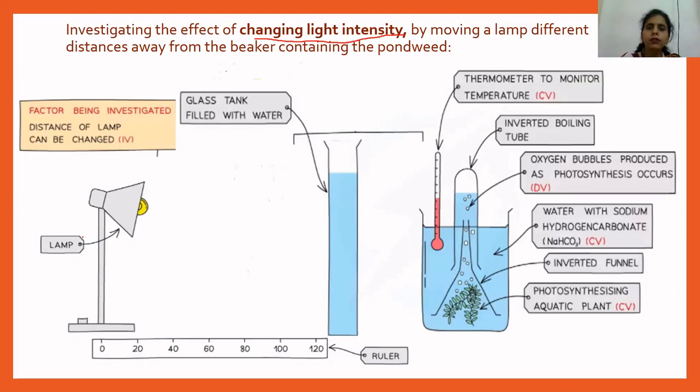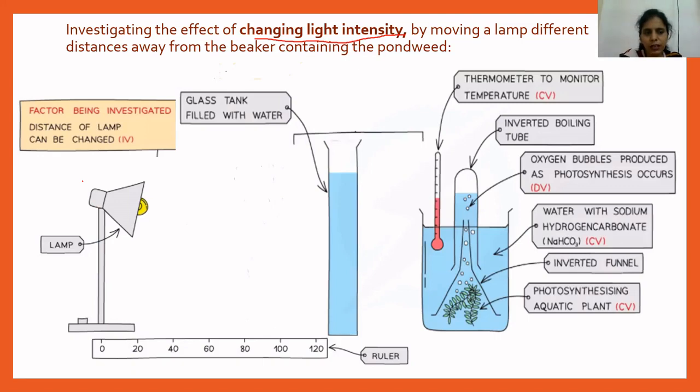Fine. Now, in order to perform photosynthesis, plants always require a proper light source, okay? So here in this experiment, we will use a light source which is actually this table lamp, because we are investigating the effect of changing light intensity on the rate of photosynthesis.